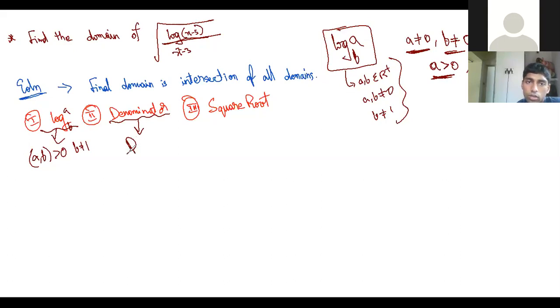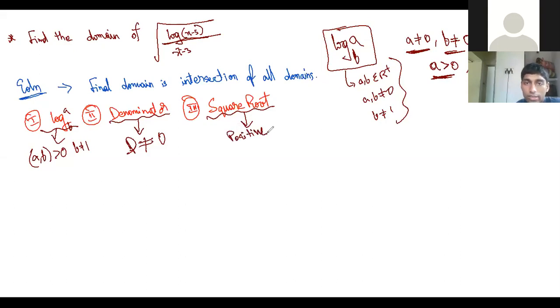The denominator of any fraction should never be 0. Good. Square root: what is the constraint? Whatever is inside the square root should always be positive.